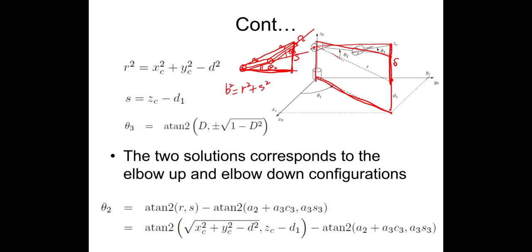S means from the spherical wrist center to the height of the second joint. Okay, and that is R. R, from this figure, is actually equal to this line. So R square equals XC square plus YC square, right? Because R is the projection on the ground.